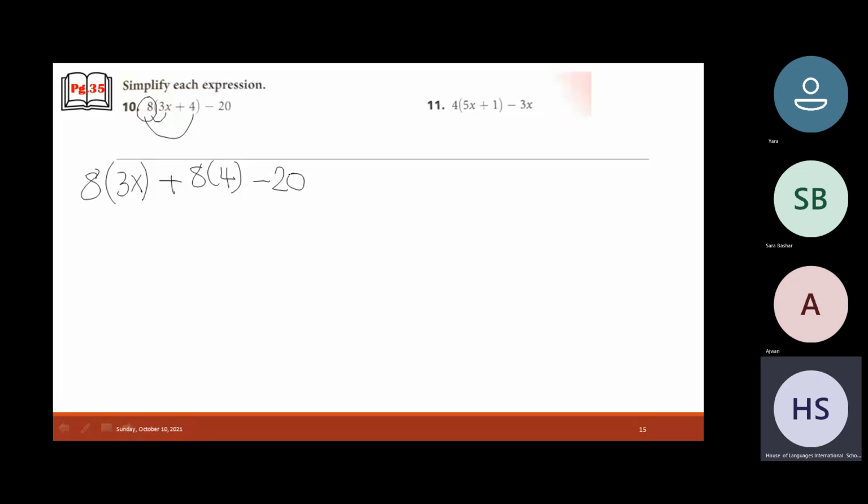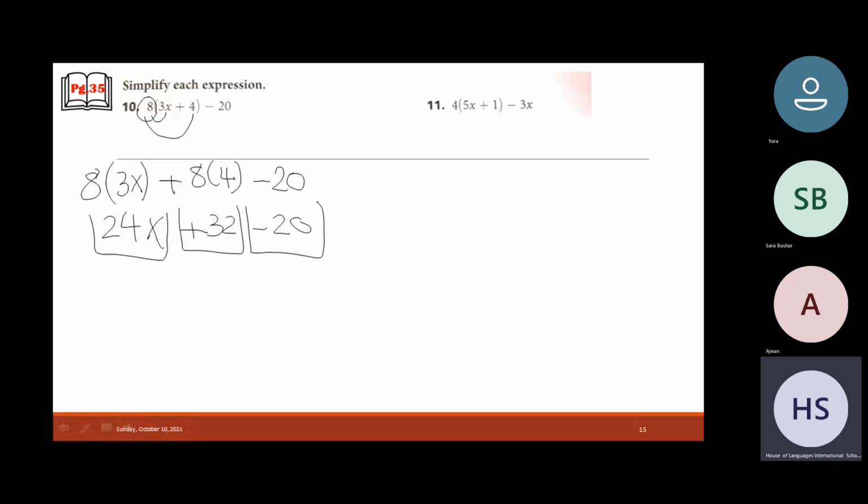Get it now? 8 times 3x, 24x. Bravo. 8 times 4, 32. Minus 20. Now then, where are my terms? We have 24x, positive 32, and negative 20. I need now to combine the like terms. 24x.